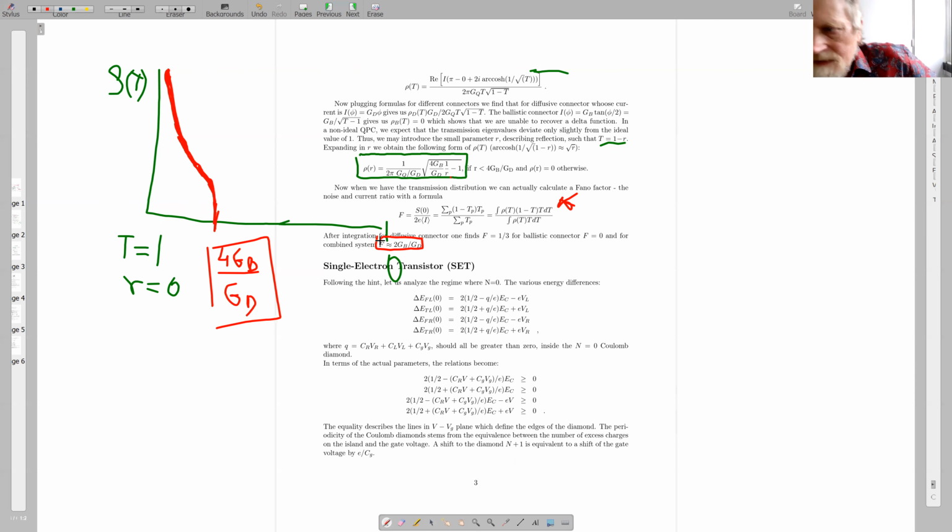In this case, one also has to take into account that values of reflection coefficient are smaller than 1. In this way, one can evaluate this integral. Fine. That was all about transmission distribution.